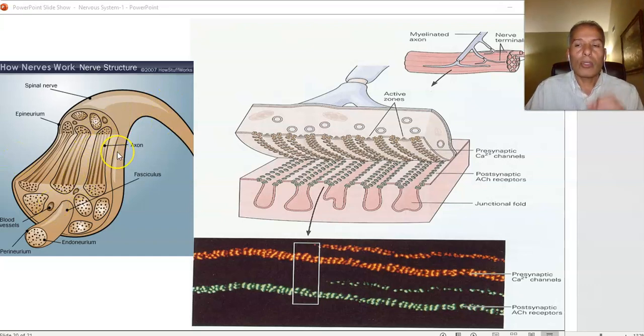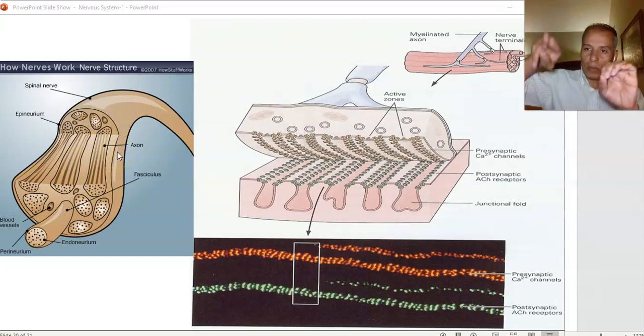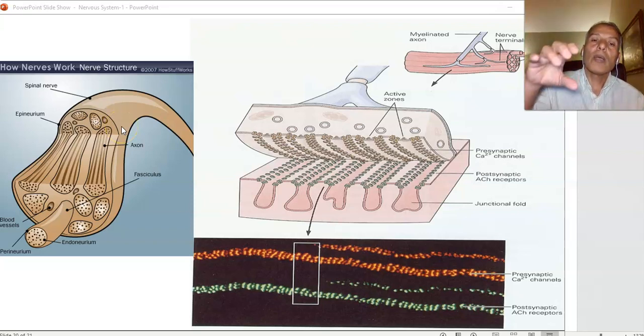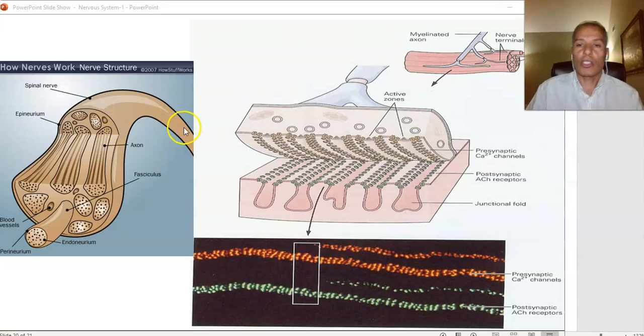You also have a tough wrapping around these bundles to protect the fibers of the neurons. So that is a nerve. A nerve consists of bundles of neurons that play the same role or have similar functions.